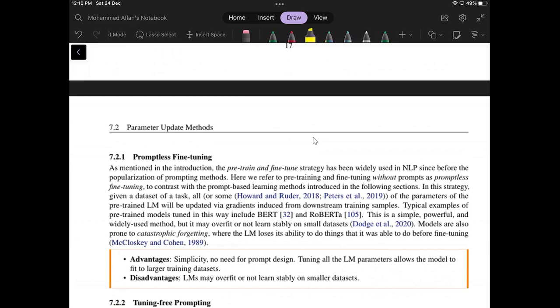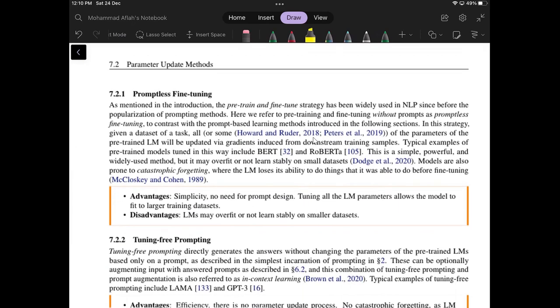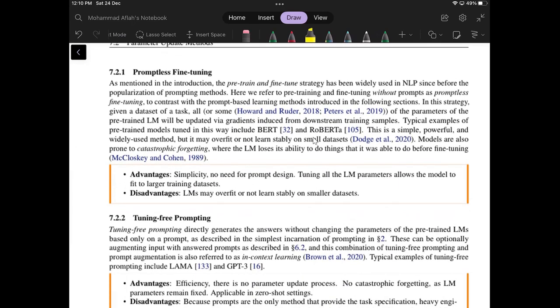I guess they'll be discussed in detail below, right? So let's have a look at promptless fine-tuning first. As mentioned in the introduction, the pre-train and fine-tune strategy has been widely used in NLP since before the popularization of prompting methods. So pre-training and fine-tuning without prompts is called promptless fine-tuning, to contrast with the prompt-based learning methods introduced in the following sections. In this strategy, given a dataset, all or some of the parameters of the pre-trained language model will be updated via gradients induced from the downstream training samples.